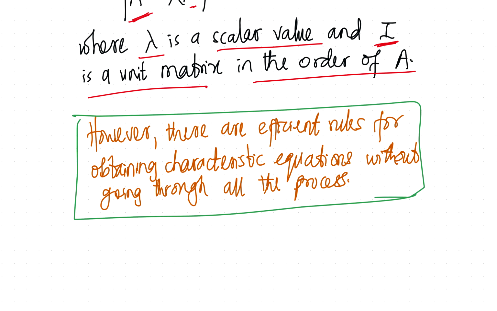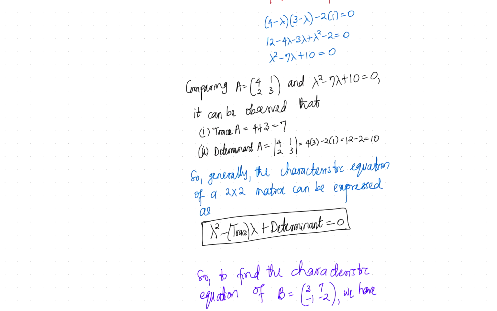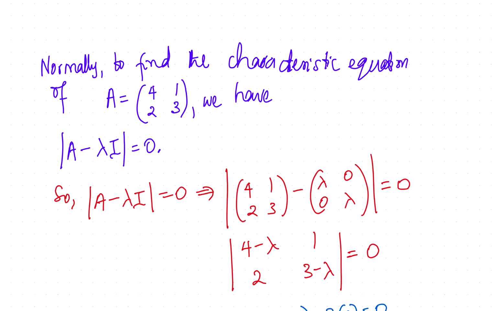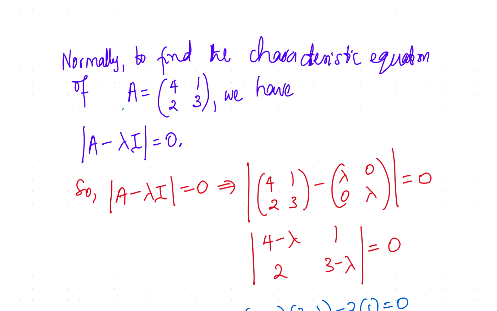Imagine that you have a 2 by 2 matrix like this. Normally, to find the characteristic equation of A, which is 4, 1, 2, 3, we have the determinant of A minus lambda I equals 0. I'm going the old way now.